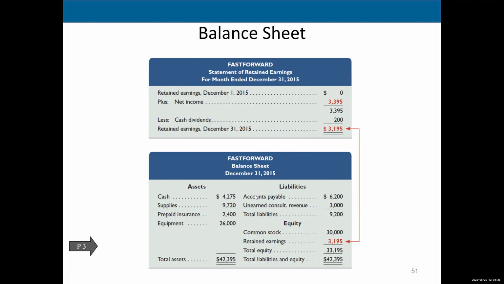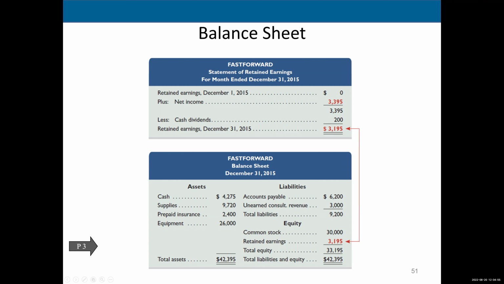On December 31, I owed $6,200 to my vendors, that type of thing, right? Now, what's the form of the balance sheet? It's the accounting equation. Assets equals liabilities plus equity. And you know that you're correct if your assets equals your total liabilities and equity, right? So that's how it works.